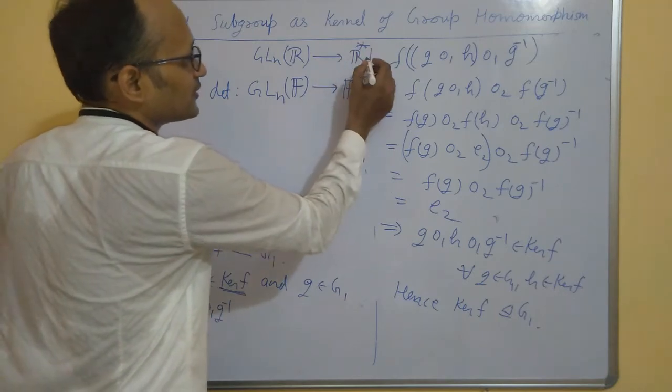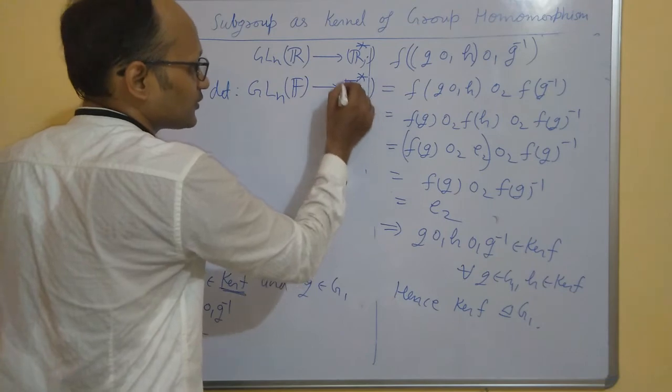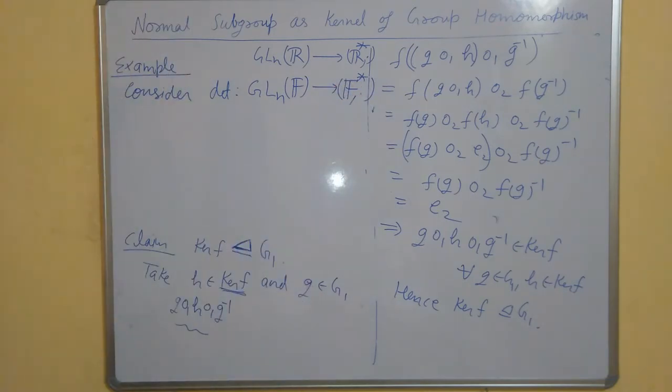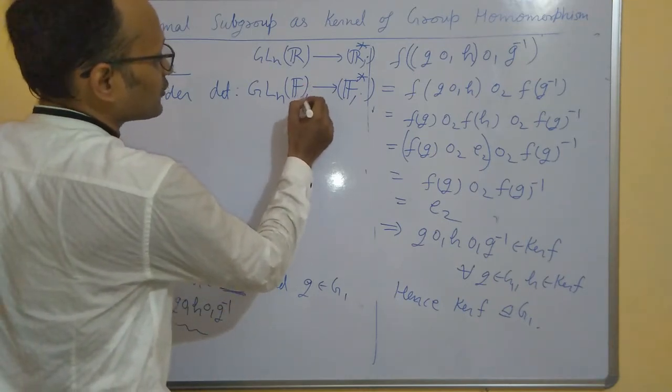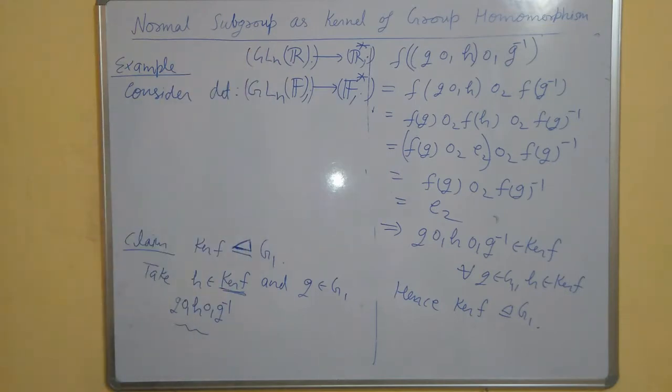So F star is also a group with respect to multiplication, and GL_n(F) is a group with respect to matrix multiplication. So you can write the map like this.